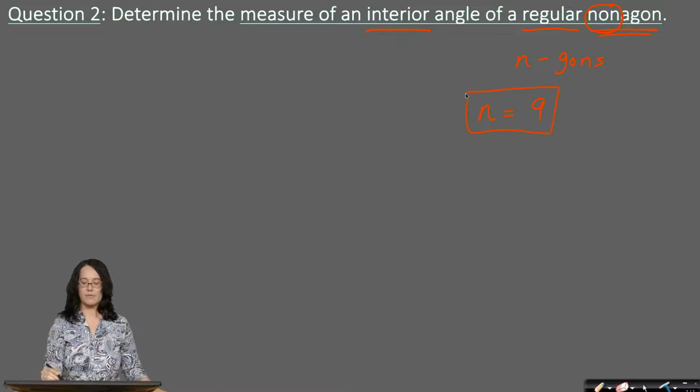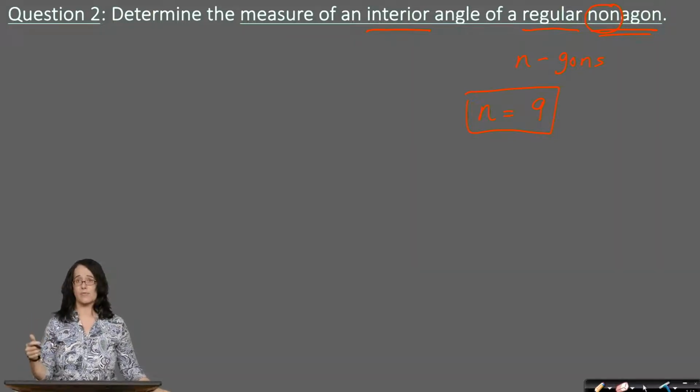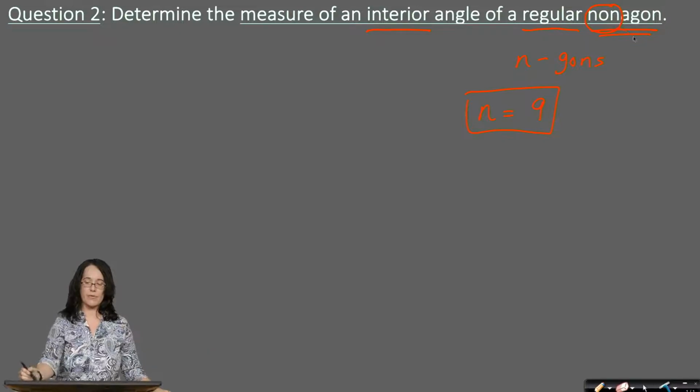We had different types. We had triangles, quadrilaterals, pentagons, hexagons, nonagons, octagons. Those prefixes, when they end in gon, tell you the number of sides and also the number of interior angles. So you have to remember, nonagon means 9, so make sure you have a note card or in your notes you have it organized and you know which is which.